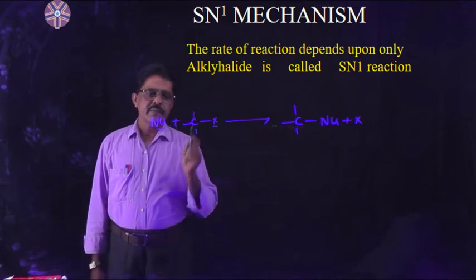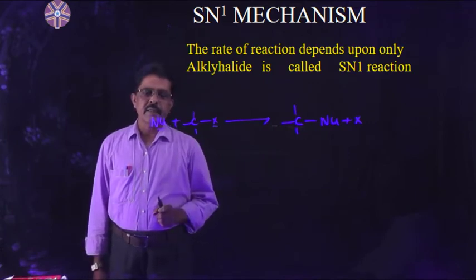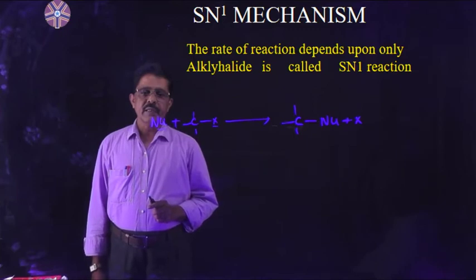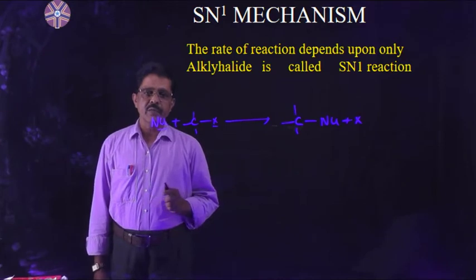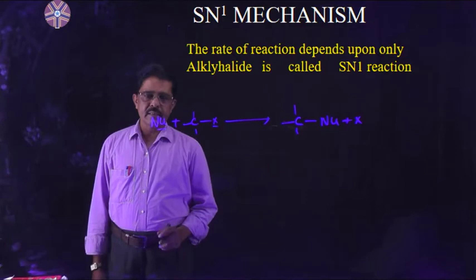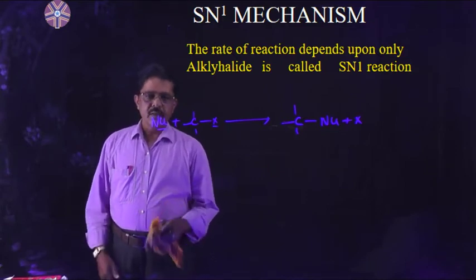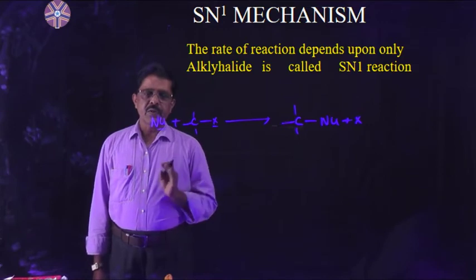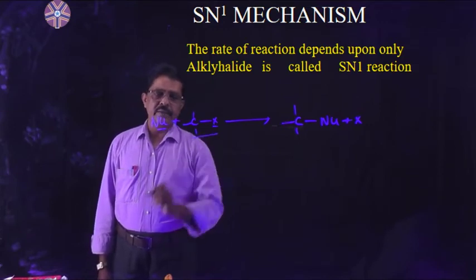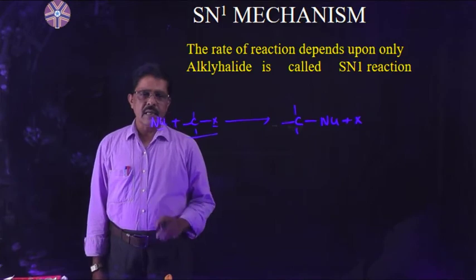This substitution reaction takes place in two types. SN1 reaction means substitution nucleophilic unimolecular reaction. The rate of reaction depends only on the alkyl halide.